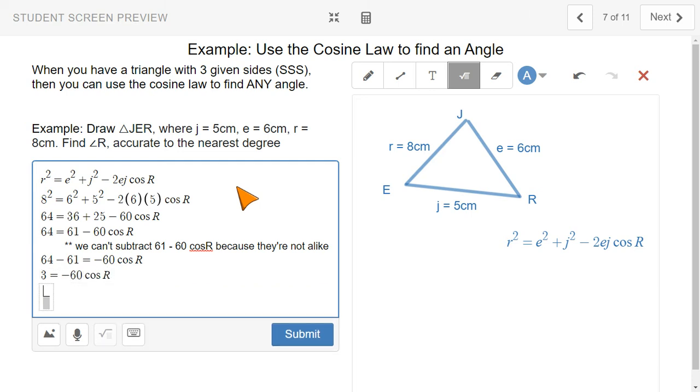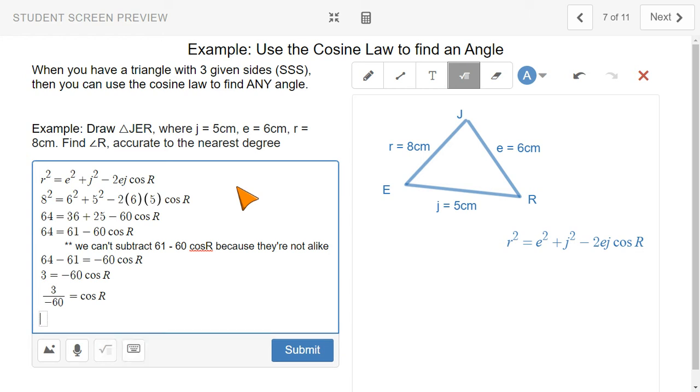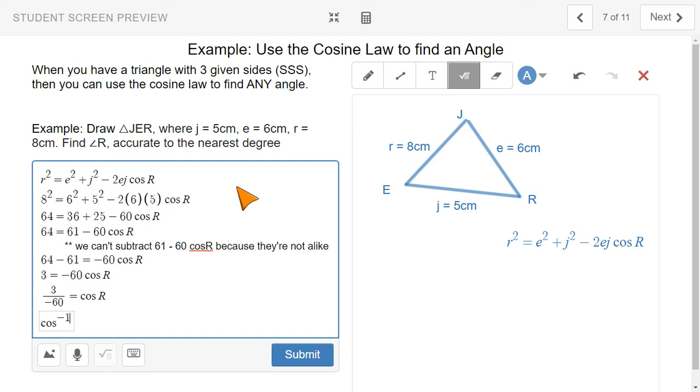And now we're going to put this as a fraction. 3 over negative 60 is equal to cosine R. And to undo our cosine, we're going to take cosine inverse.